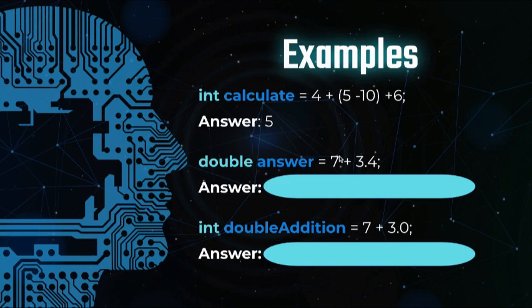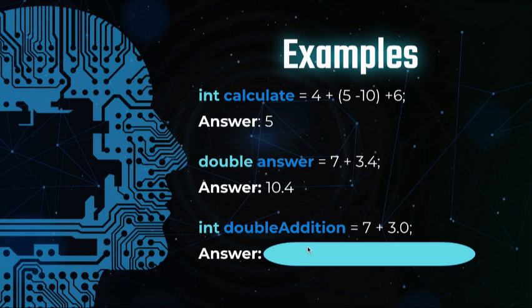Now, the next one, this has now a data type of double. So hopefully you were able to get the answer of 10.4. So again, another pretty self-explanatory one where you can see that you just add 7 and 3.4 and you should get the answer 10.4. And there, if you notice something here, you'll see that there's actually an int inside the double.